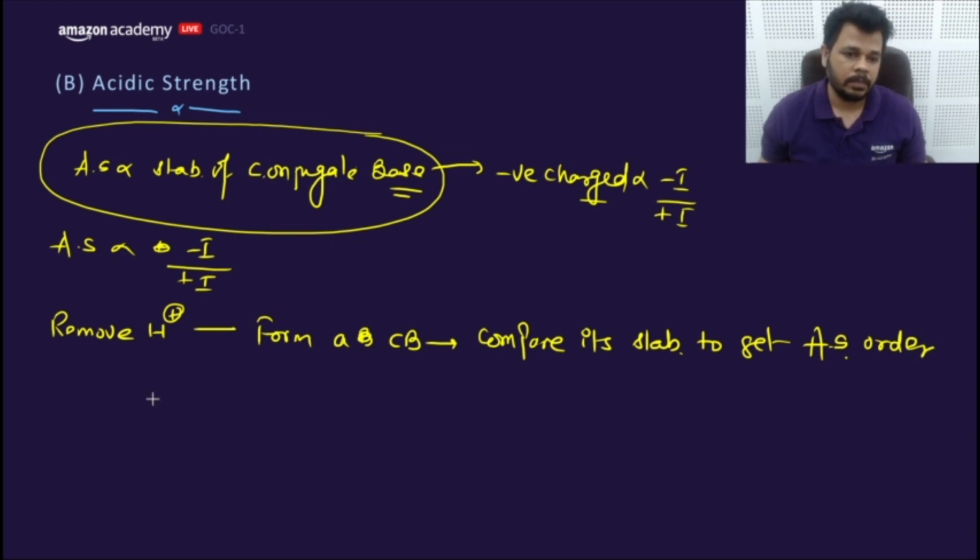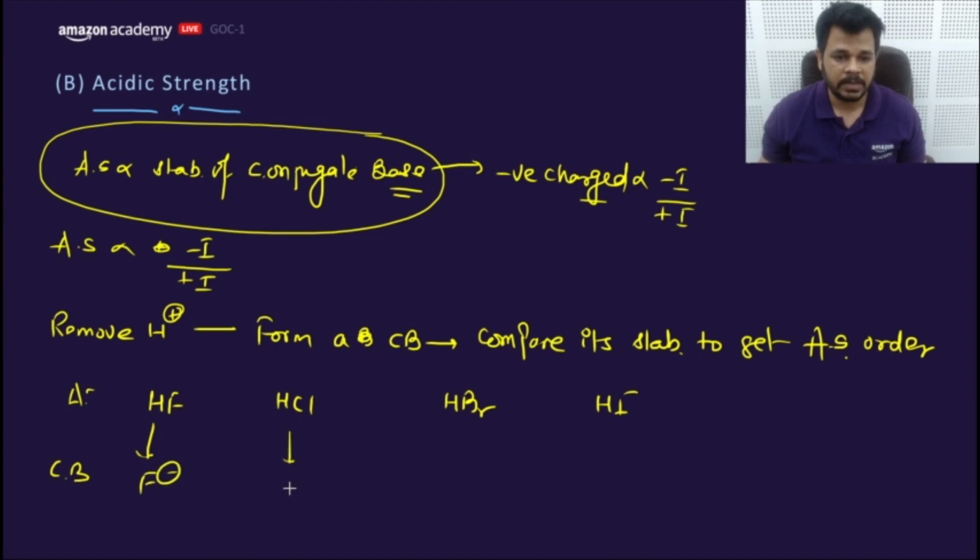Let's have an example. HF, HCl, HBr, HI. These are the acids. What are the conjugate bases of all these acids? Remove H plus, and this would be F minus, Cl minus, Br minus, and I minus.